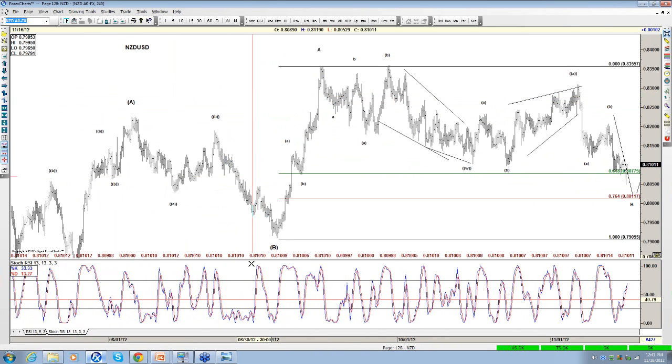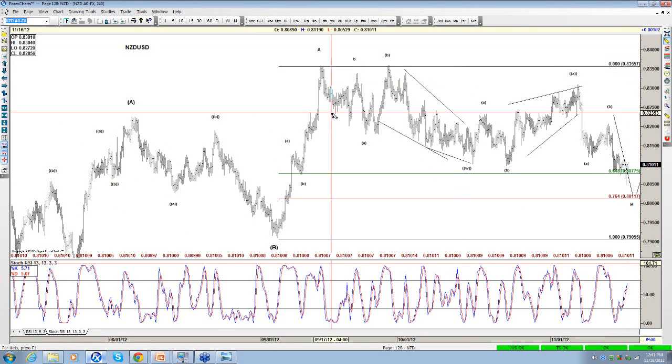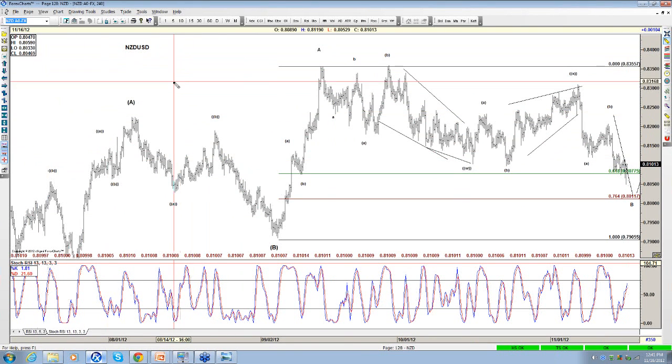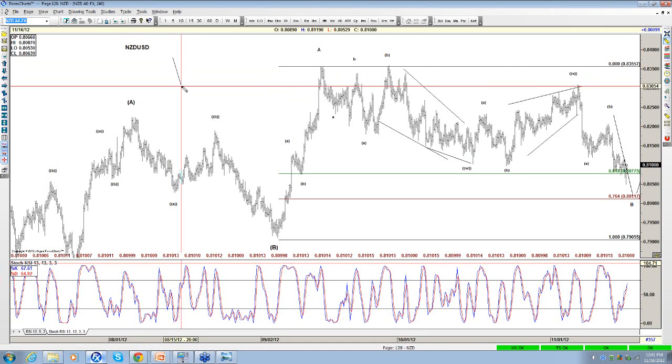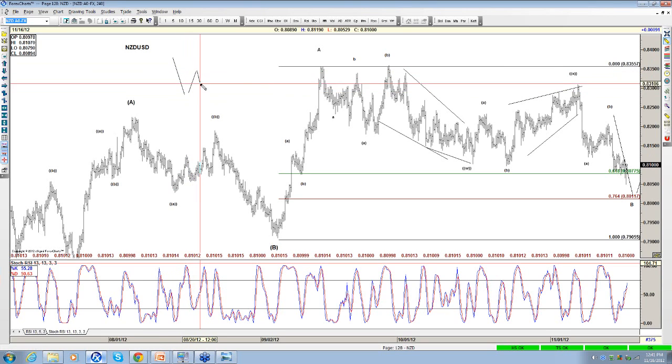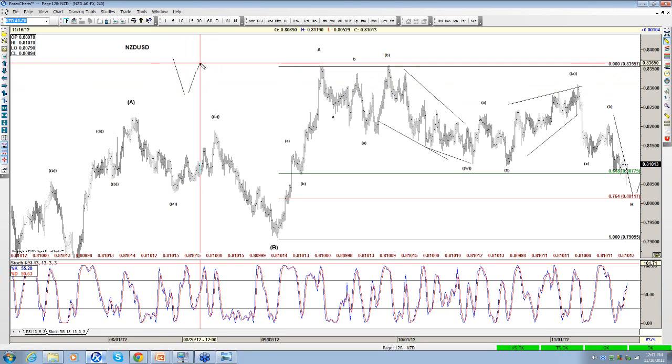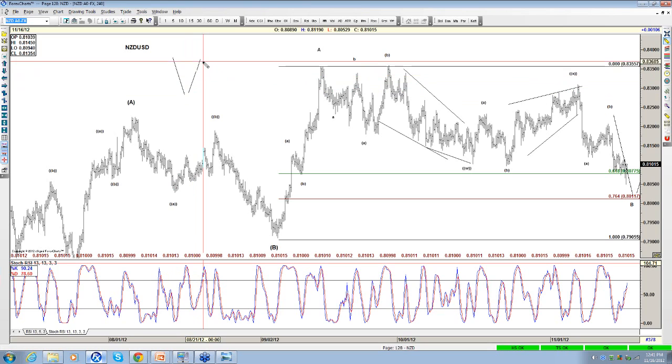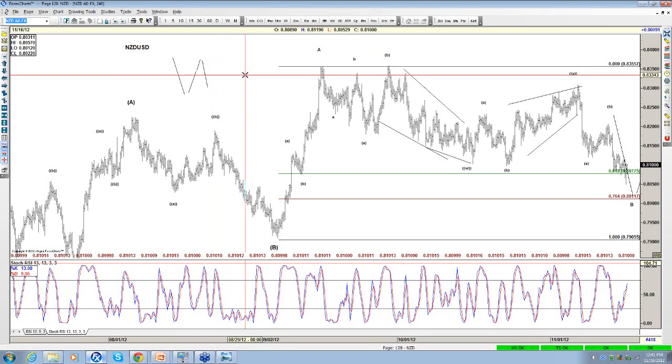You mean this? Okay, the stochastic RSI in the 5-wave move will give you this setup. Right here. It will give you that setup, the stochastic RSI.